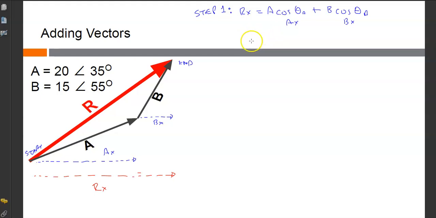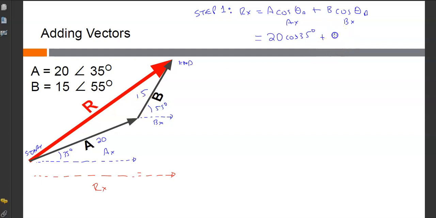All right. So since I've got a here is 20, that would be the magnitude. And here's the angle 35, like that. Then it's really easy to just put those numbers in up here. So this would be 20 cosine 35 plus, and over here b is 15 at 55.